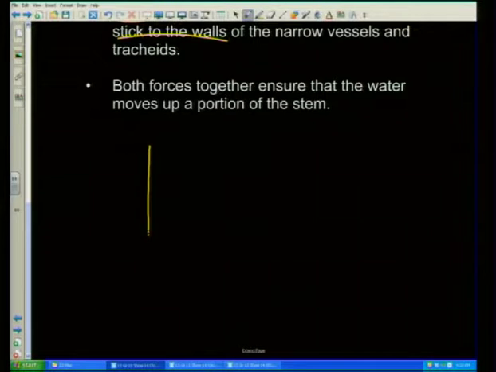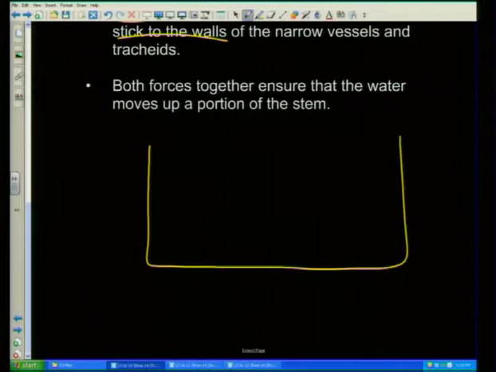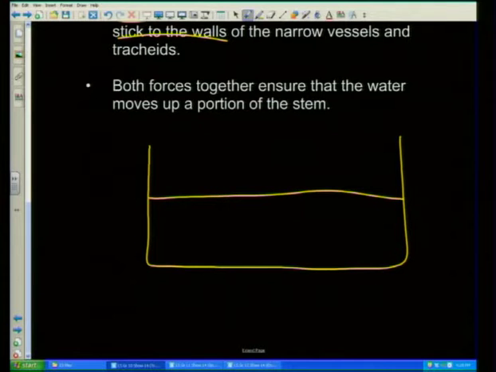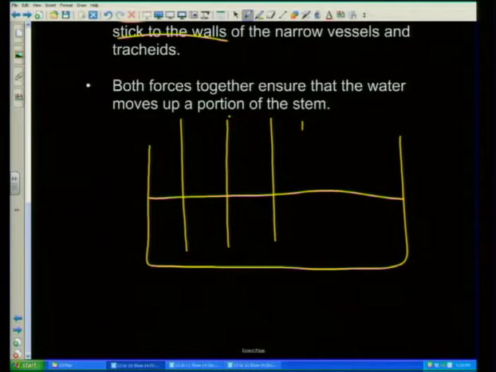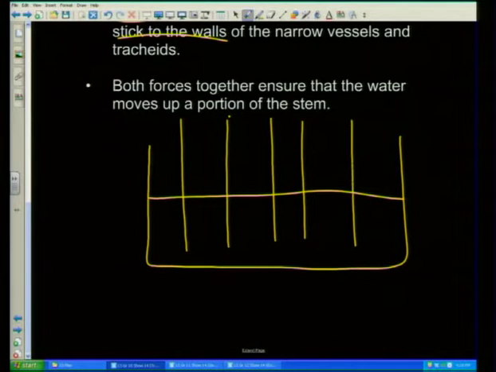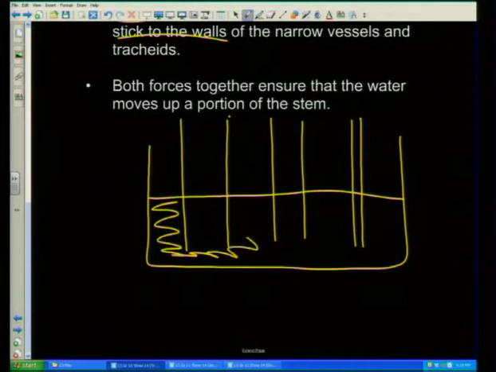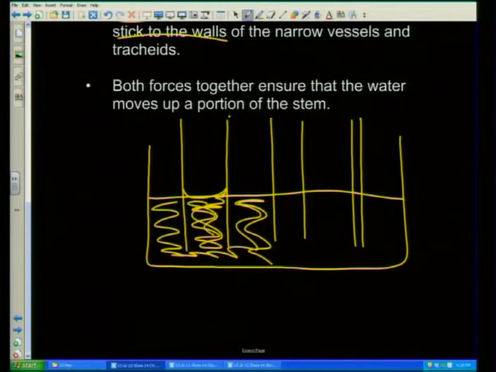If I take a trough, and in this trough, I put liquid. And in this liquid, I put a cylinder that's that big, a cylinder that's that size, and a cylinder that's that size. So, actually glass straws, okay? There's my level. Okay?